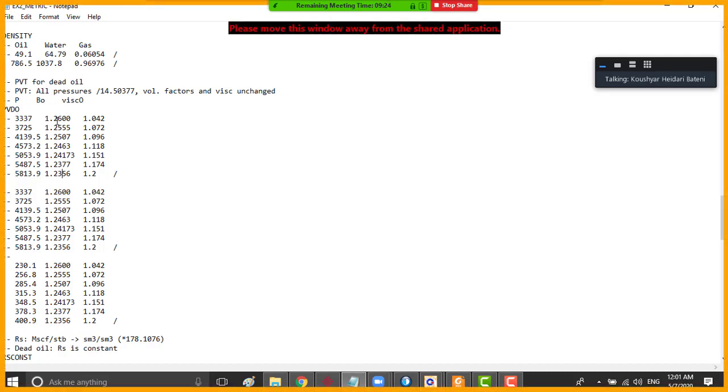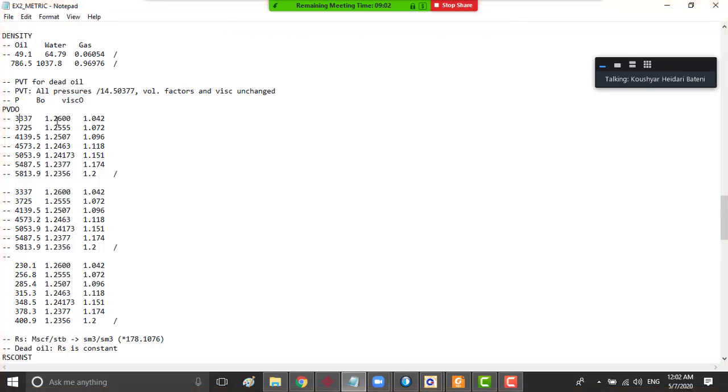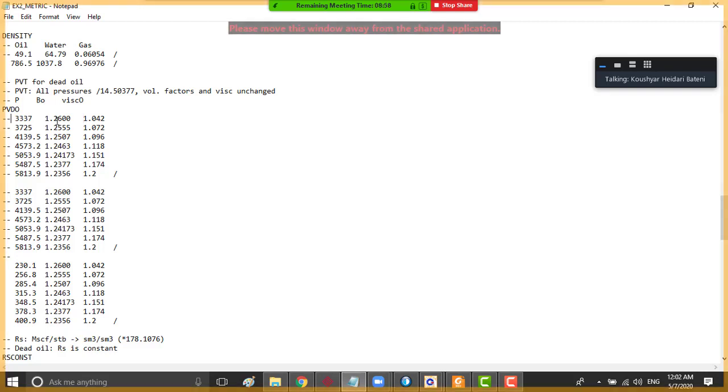So the second column of this keyword is dedicated to formation volume factors for oil, and the third column of this keyword is dedicated to various viscosities for oil, right? Now you see that by increasing pressure, the viscosity for oil also increases, right? Just as what you expect.